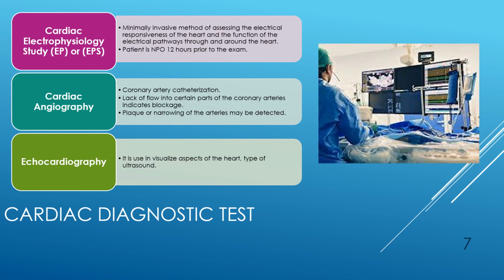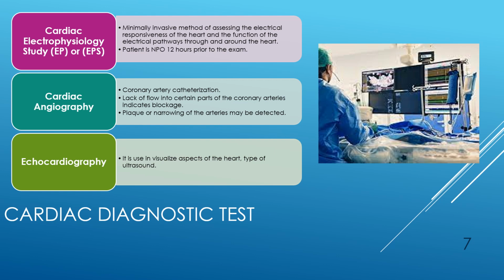Let's talk about some more additional cardiac diagnostic testing. They have a test called Cardiac Electrophysiology Study, EP or EPS. Basically, this is a minimally invasive assessment of the electrical activity of the heart. If someone has arrhythmias, this is a great test to determine them.